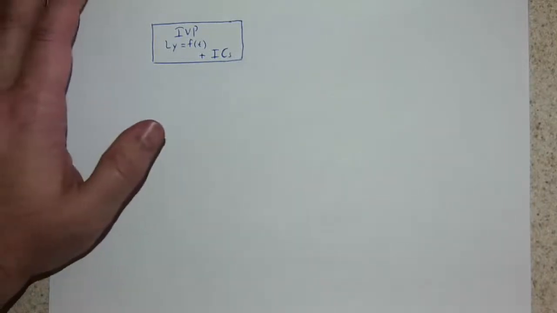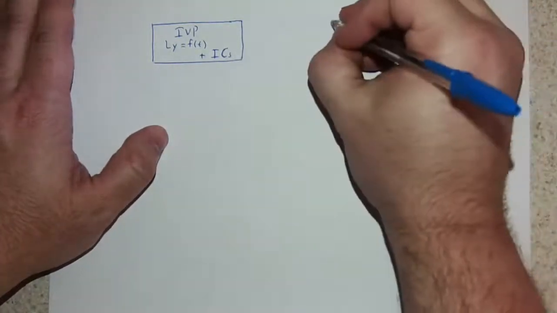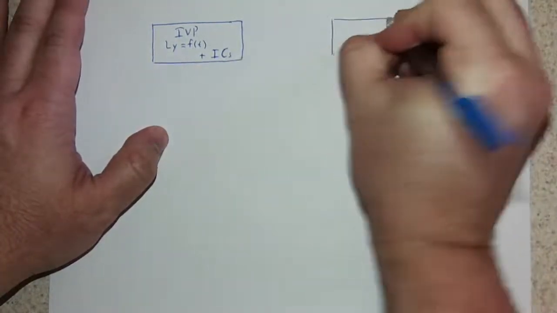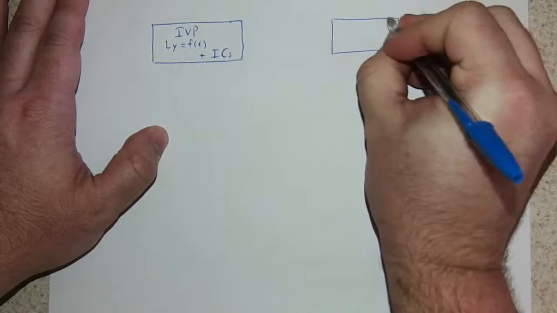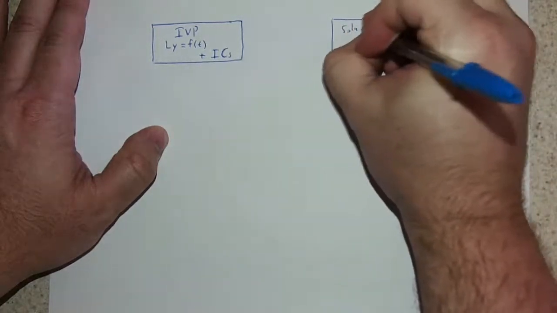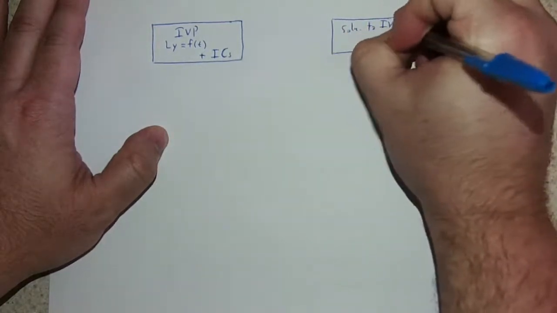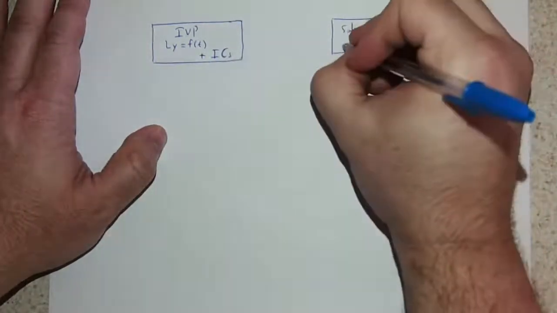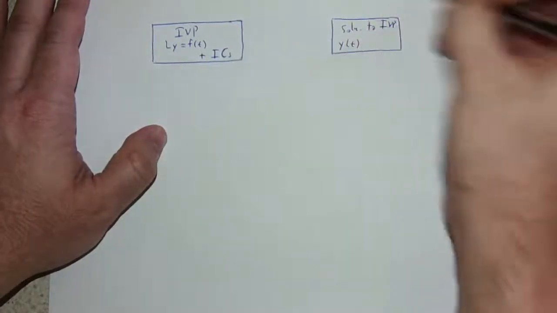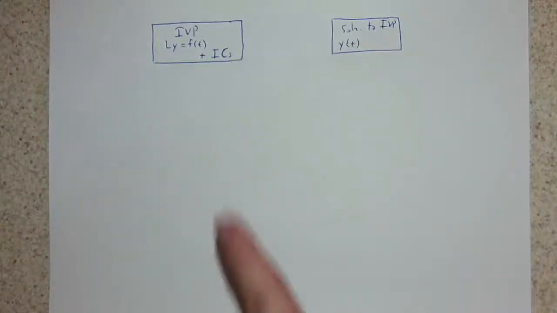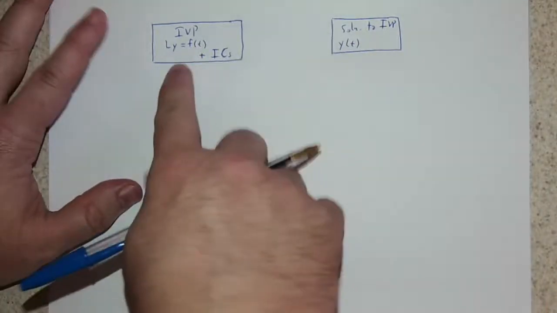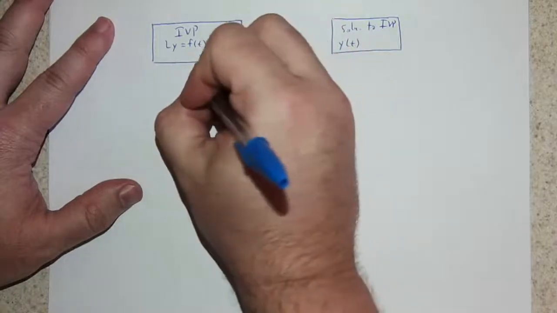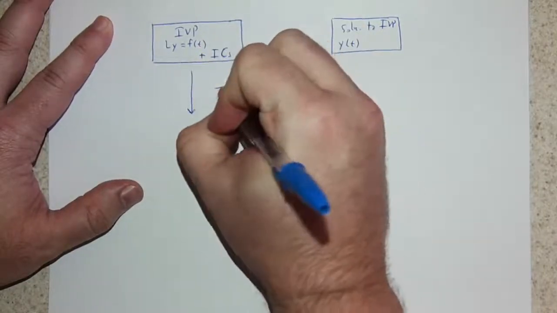All right. So I want to solve this. I want to have a solution to the IVP, and we call this solution little y, right? Now you've already seen that in order to do that, using Laplace transforms, I take this IVP and hit it with the Laplace transform.